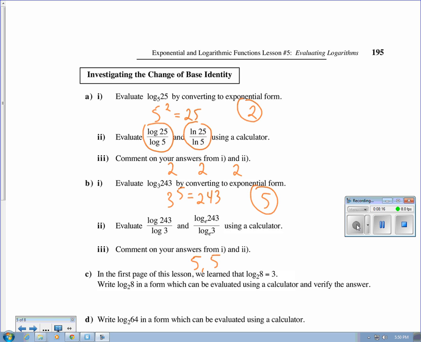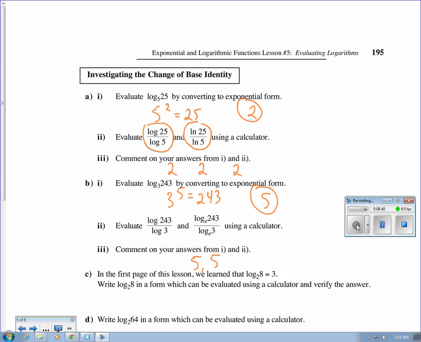The reason why this works will come out in the lesson for tomorrow. Go log 25 over log 5, or ln 25 over ln 5. That's the log or the ln of the argument divided by the log or the ln of the base, respectively. And you find out that you actually get the same answer, which is great.